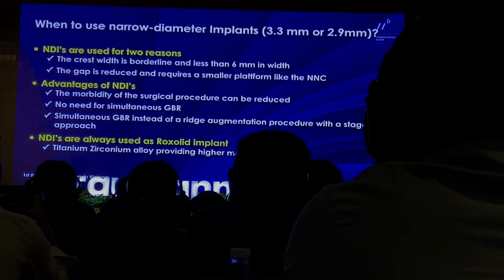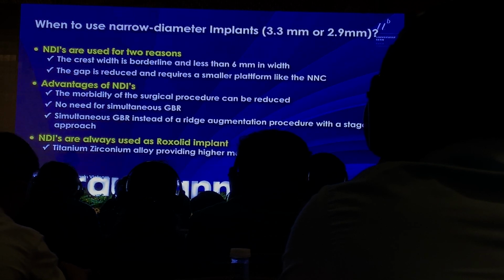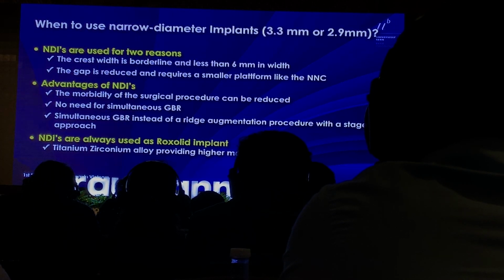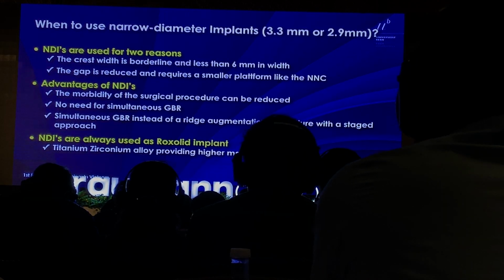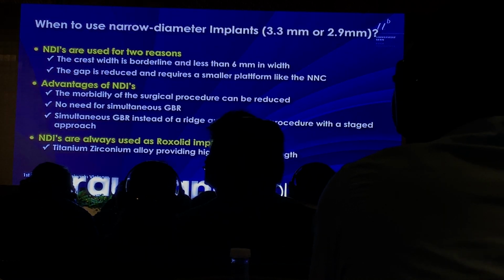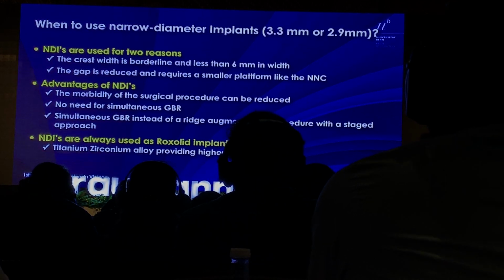And when we go for small diameter implants, I always use Roxolid implants, a stronger material. Is it on the market here? I hope so. Roxolid. This is, I will show it to you, this is titanium zirconium, 15% and 85%.